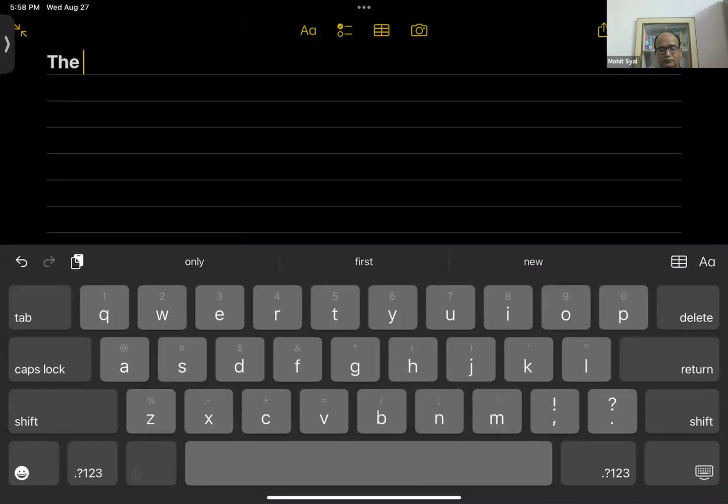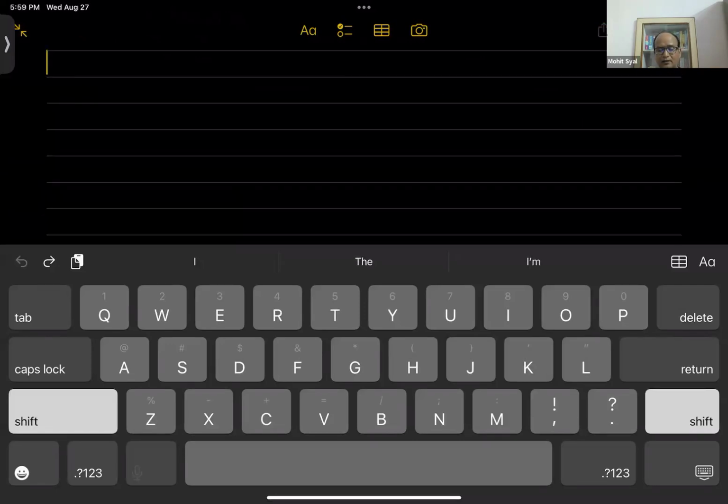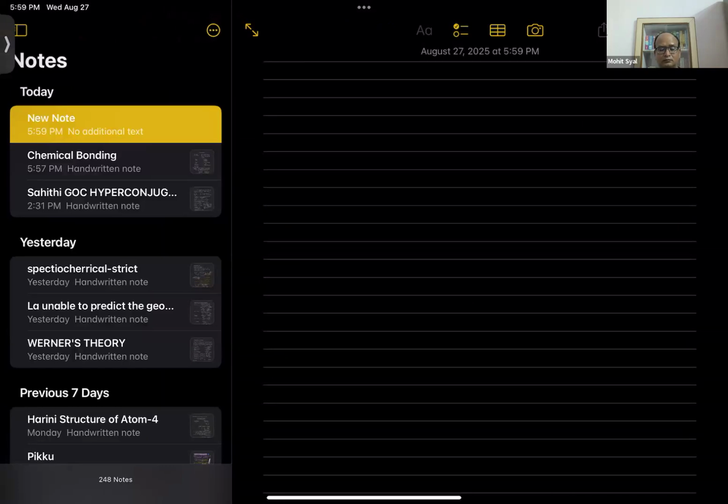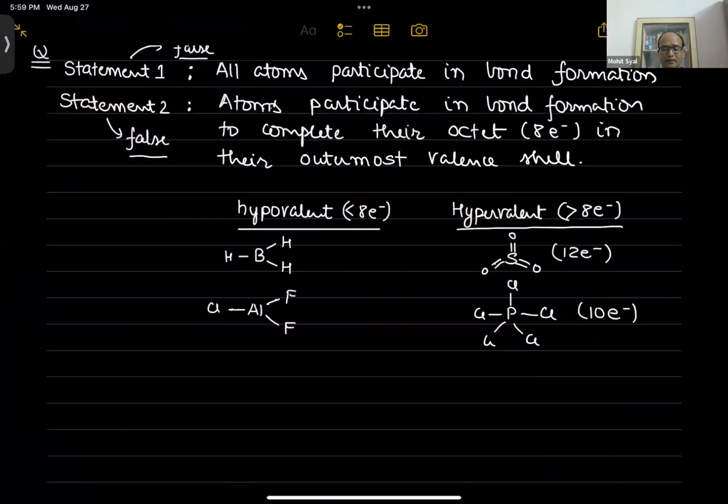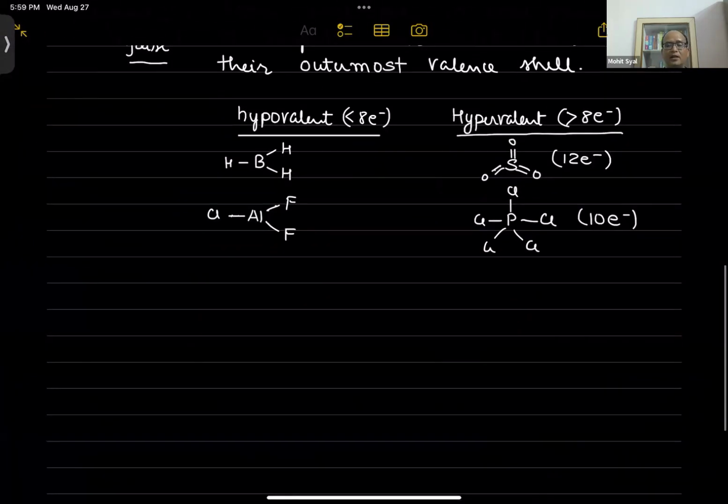The actual reason is stability. To attain stability, right? Attainment of stability. Is this clear to everyone?